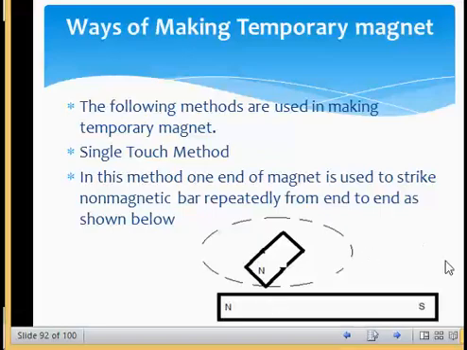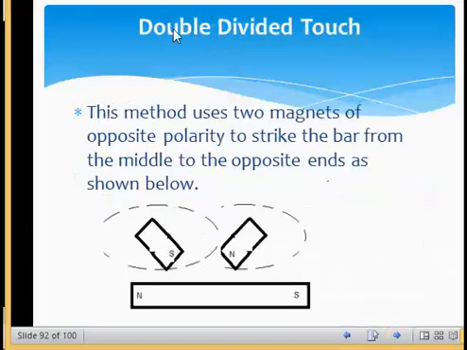Now let's look at another method of achieving that: the double divided touch. In this case, I'm using two bar magnets, and this time I start from the middle, not from one end, and strike from the midpoint to both ends, then return to the midpoint.